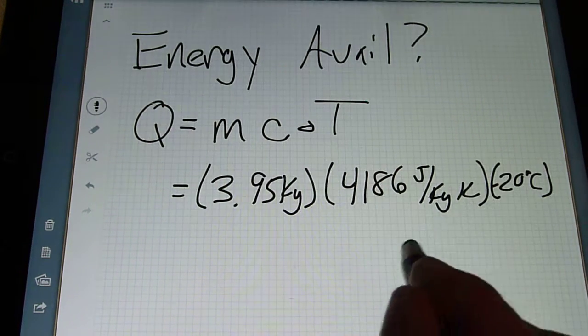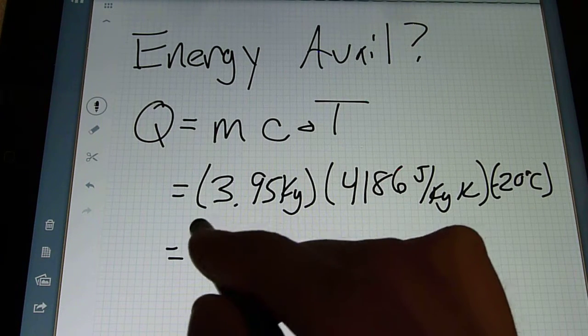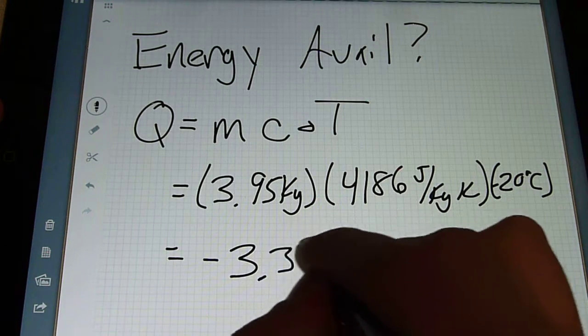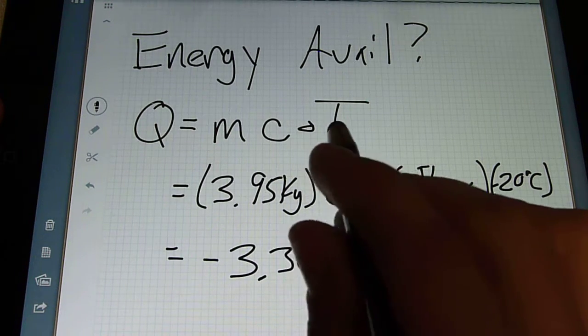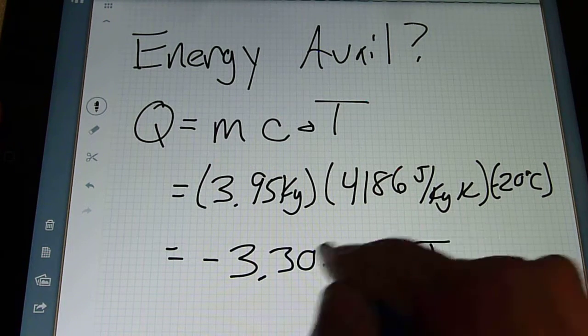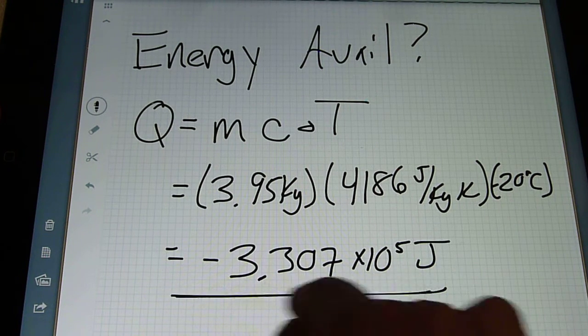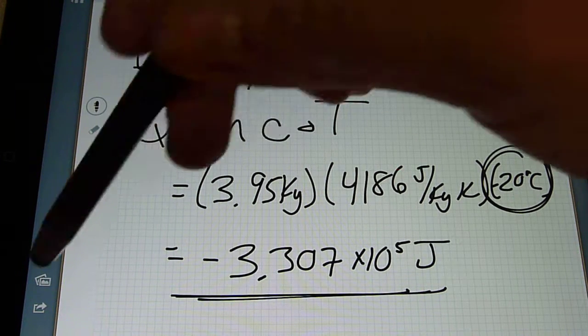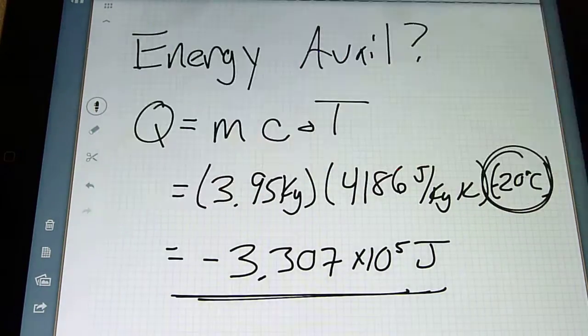So really we should say minus 20 degrees. And this tells me that I have minus 3.307 times 10 to the 5th joules of energy available. That's the energy that the water, or the lemonade, must give up by decreasing its temperature 20 degrees to go from the initial state of room temperature down to the final temperature of 0 degrees.